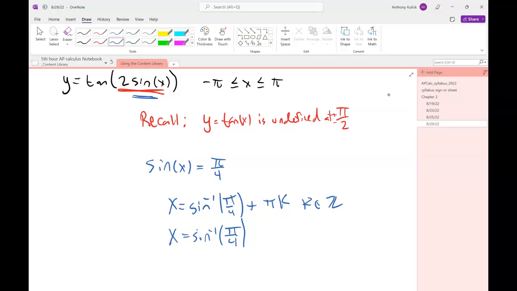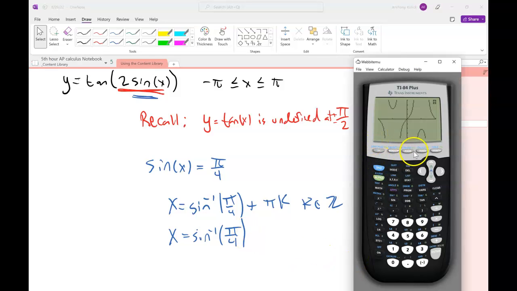let's think here for a minute. Let's try this. 0.90. What if I do it this way? What if I do sine inverse of pi over 4? So, yeah, okay, so good, that worked. And then what if we do sine inverse of pi over 4, and then we do minus pi.